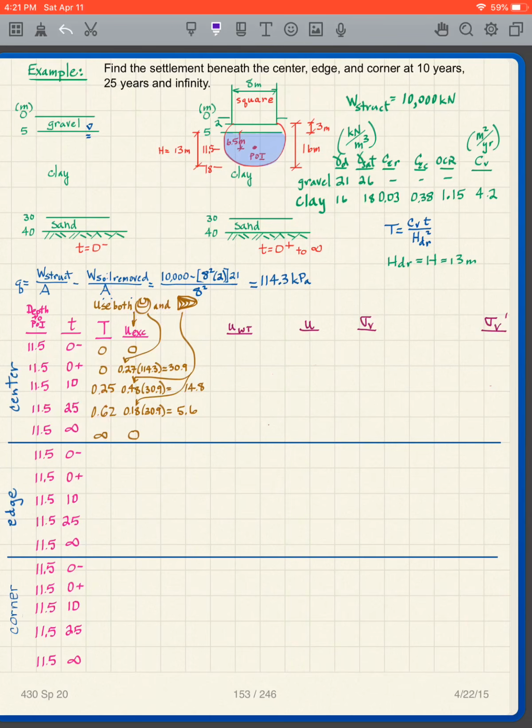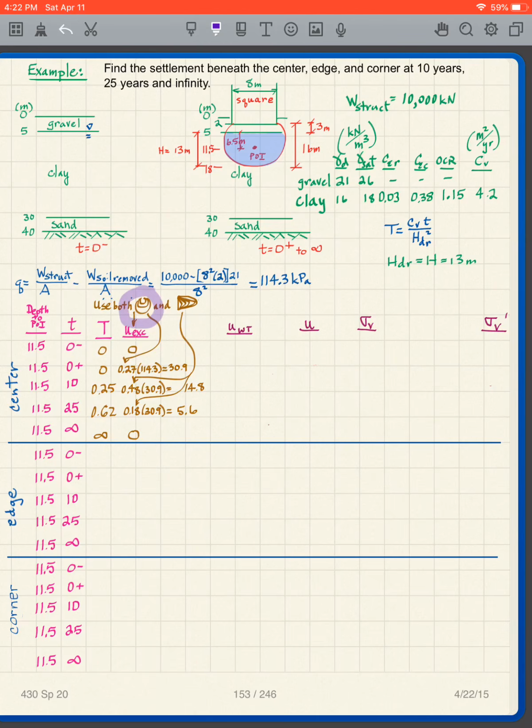The first thing we have to get is the U excess at t equals 0 plus. How do I get that? What I'm showing here is the pressure bulb. We've done this before, so you shouldn't have any trouble with it.